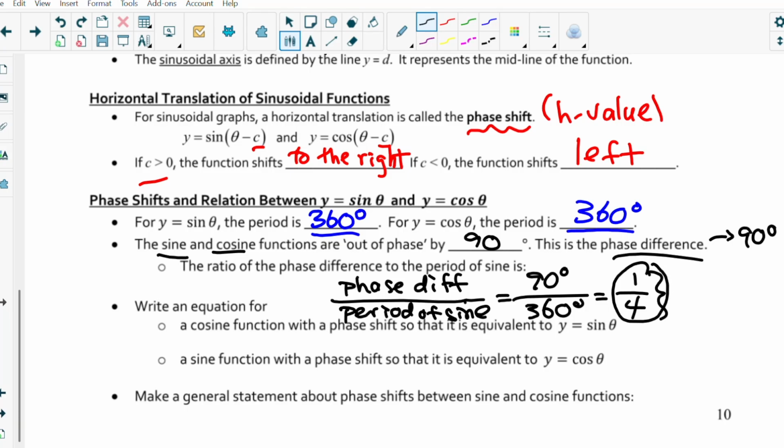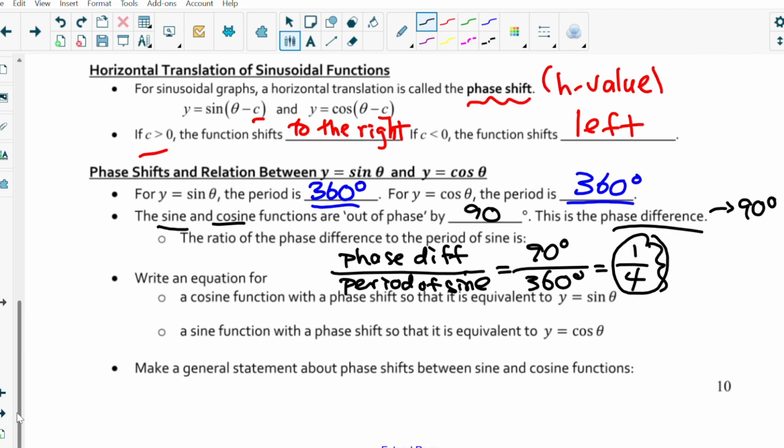Write an equation for a cosine function with a phase shift so that it is equivalent to y equals sine of theta. Sine is in red. If I have y equals sine of theta, what is the equivalent equation for cosine? y equals cosine of theta minus c.